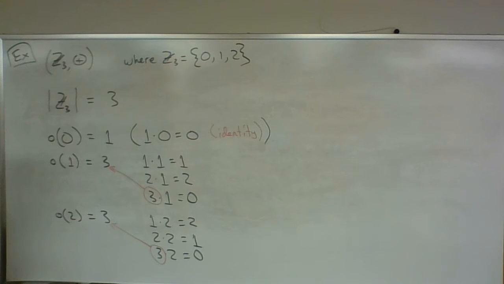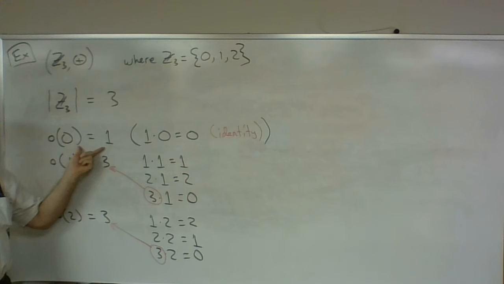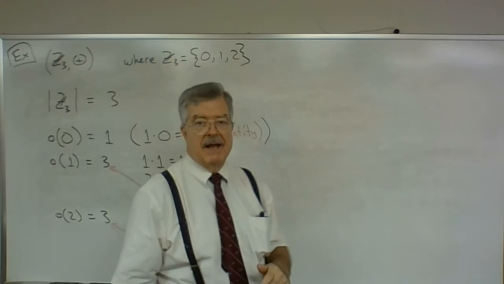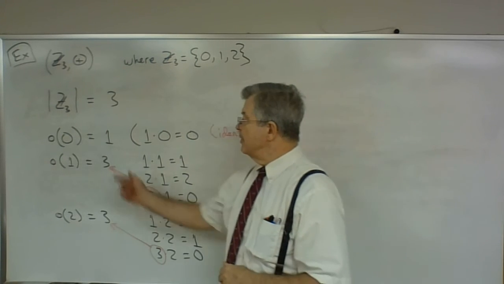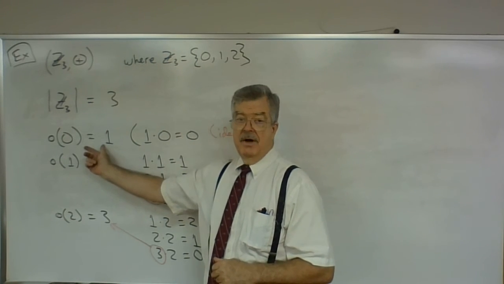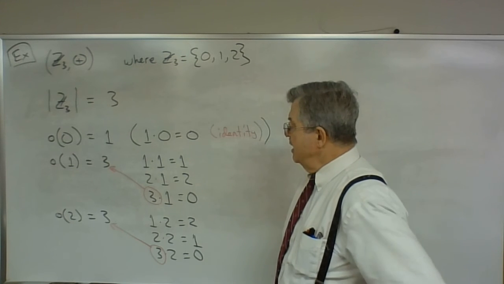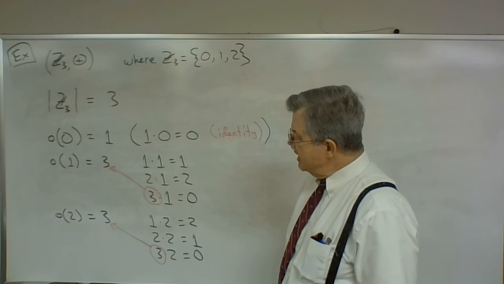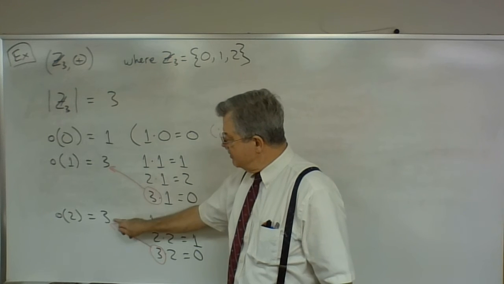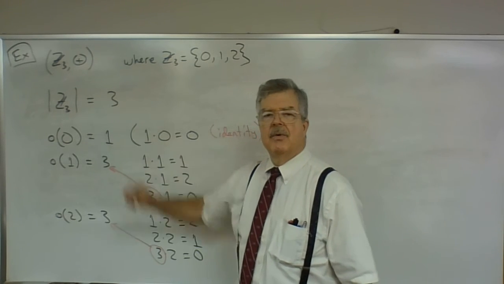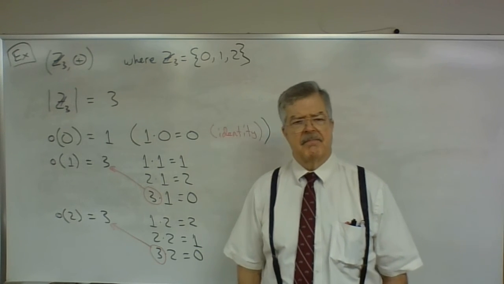Now there's an interesting thing here. The order of the group is 3. The order of the identity is 1. And that's going to be true for every single group that we ever look at. In any group, the order of the identity is 1. Now, in the other cases, the order of the other elements is the same as the order of the group.